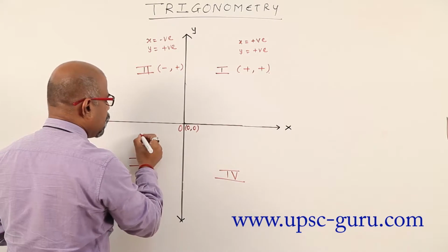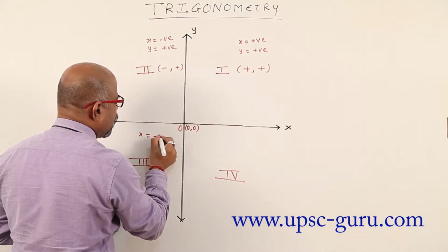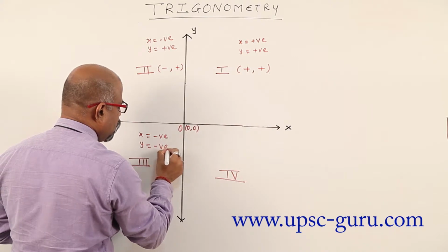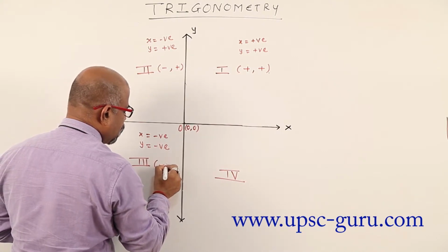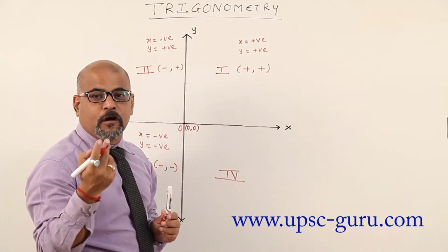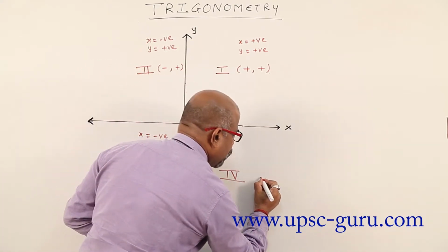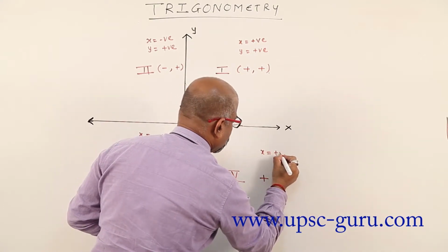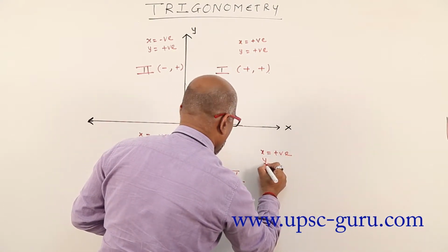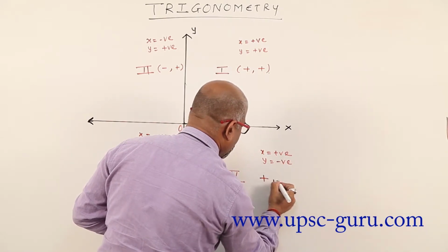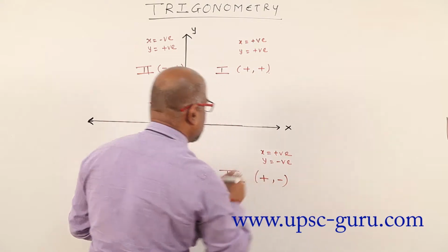In the third quadrant x is negative as well as y negative, minus comma minus. In the fourth quadrant x is positive and y is negative.